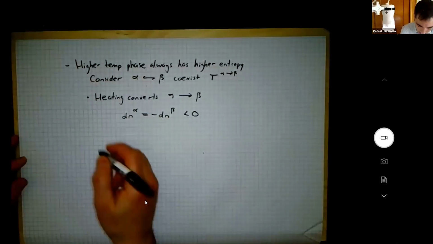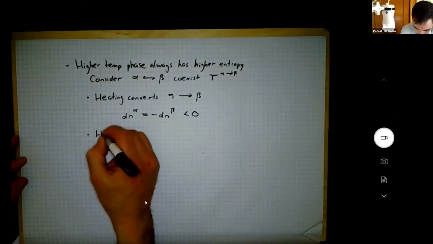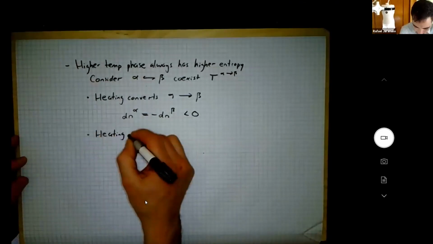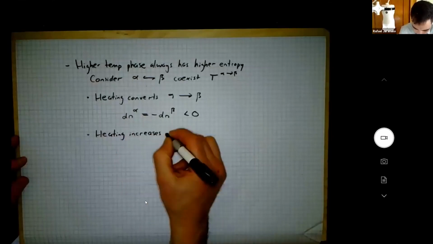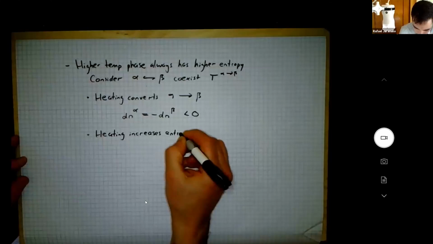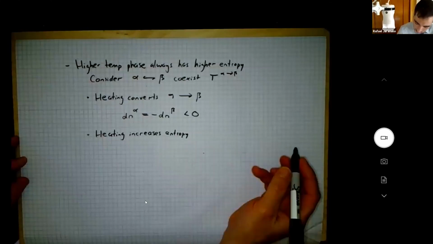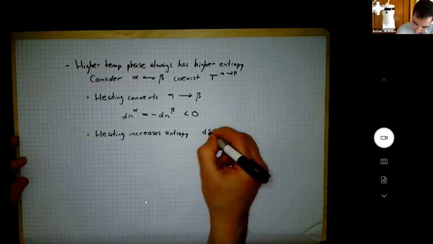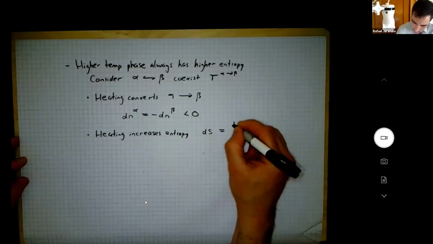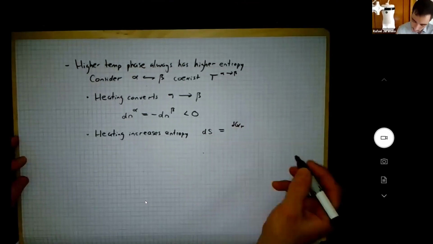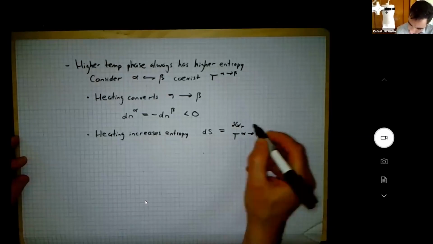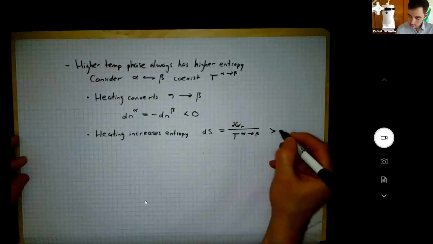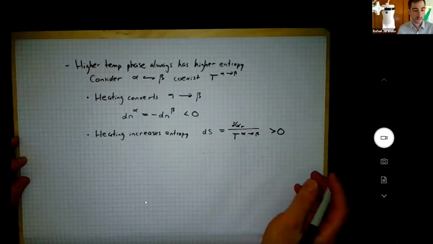We also know that heating increases the entropy, because dS equals dq reversible over T at the temperature that this is happening, which is T alpha beta, which is greater than 0.